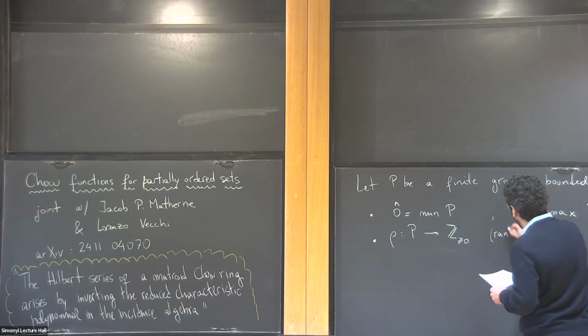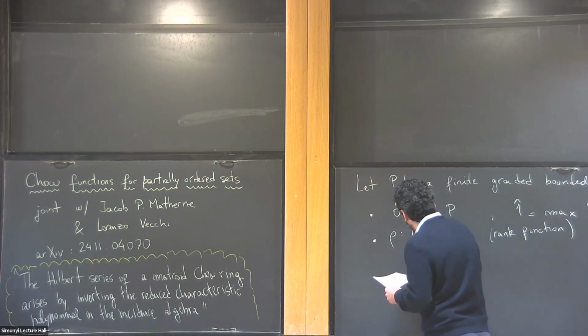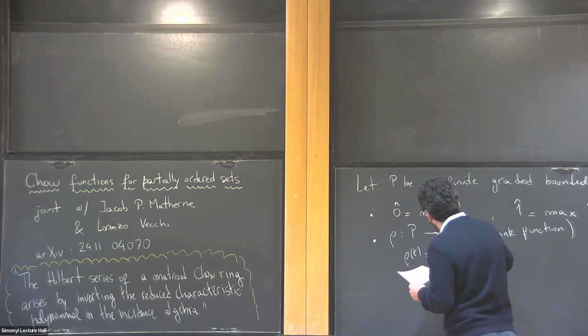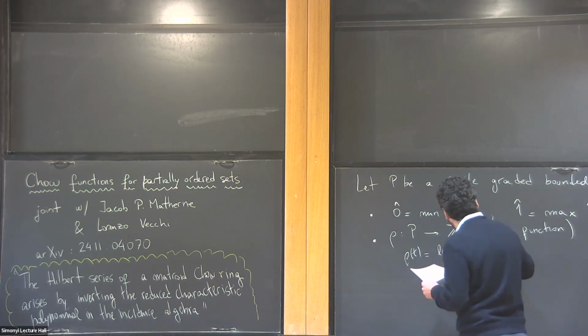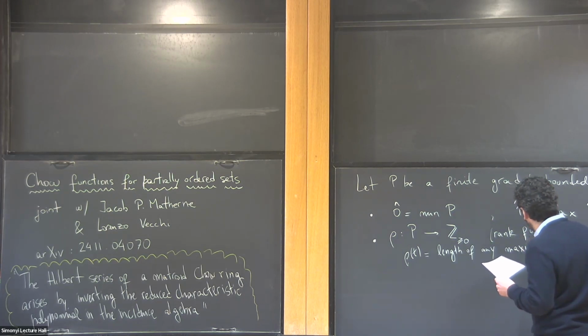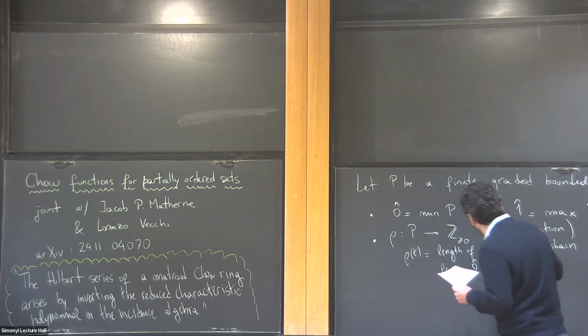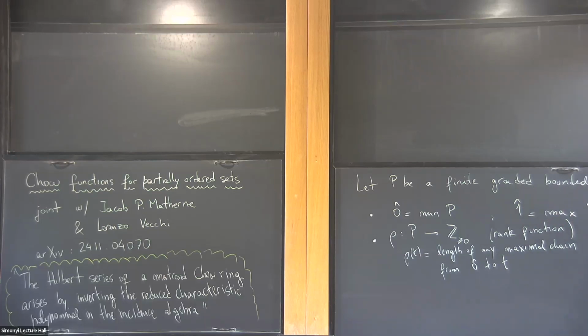This is often called the rank function, given by rho of t equals the length of any maximal chain from 0 hat to t. This is well defined. So in particular, all the maximal chains have the same length whenever I fix the bottom to be 0 hat and the maximum to be the element t.